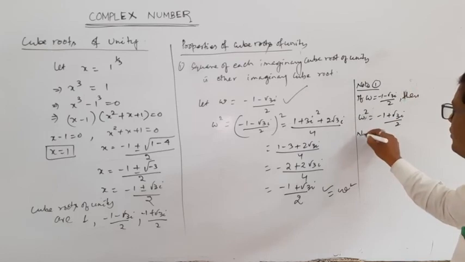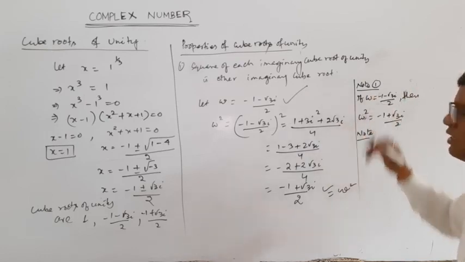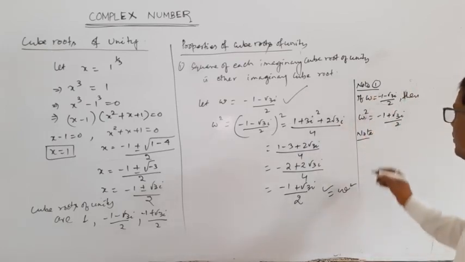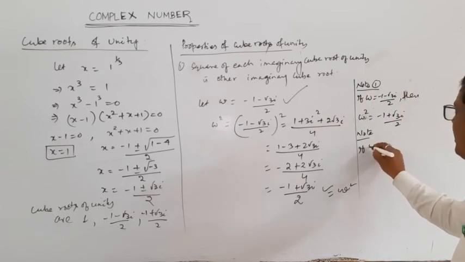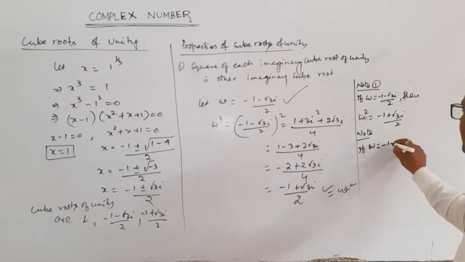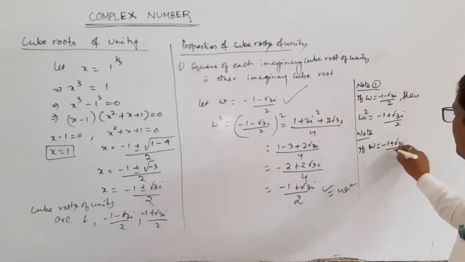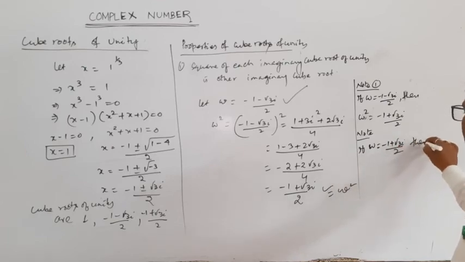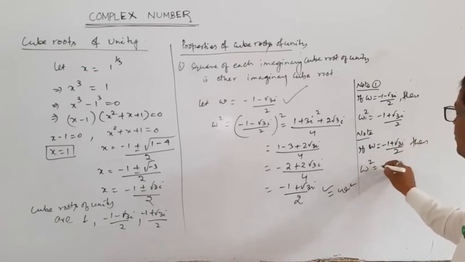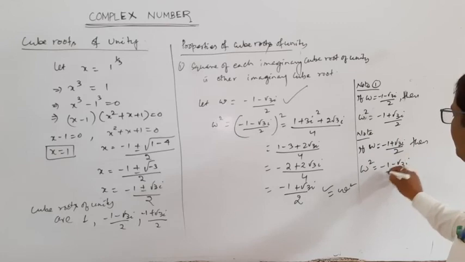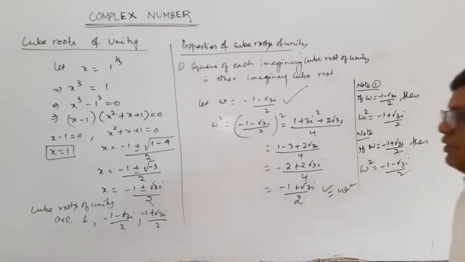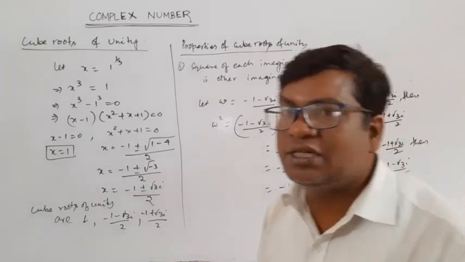Note 2: you may take this as omega or omega square. If omega is equal to minus 1 plus root 3i by 2, then omega square is equal to minus 1 minus root 3i by 2. Vice versa. Now this is the first property. Now the second property is what?